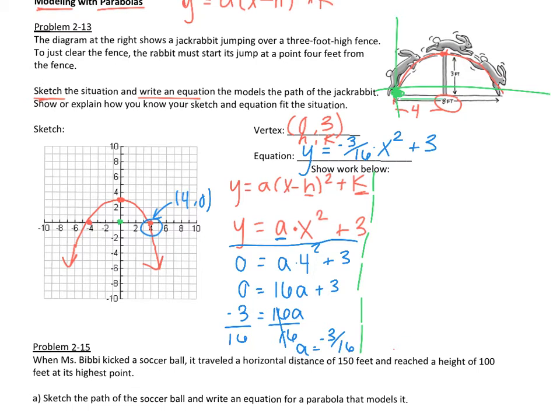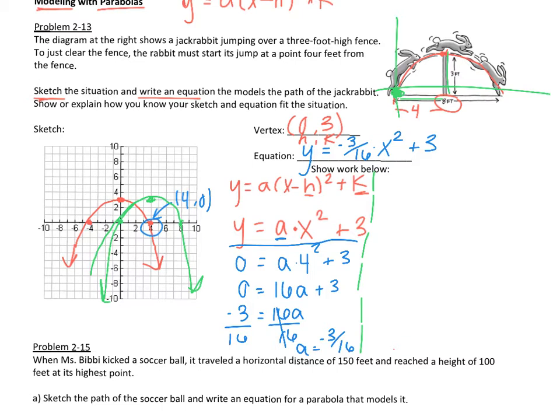Now he had to jump 4 feet over, and then he was 3 feet high. So that would put the vertex at 4, 3 instead of 0, 3. And then 4 more feet over, he would hit the ground again. So it's just taking this parabola and representing it so that the origin is part of it.